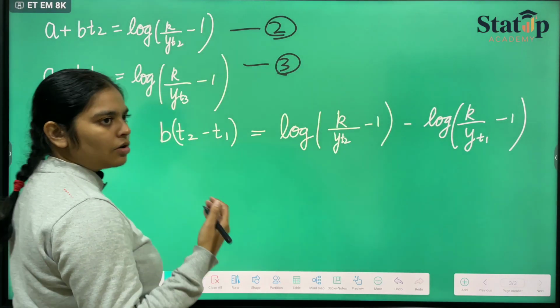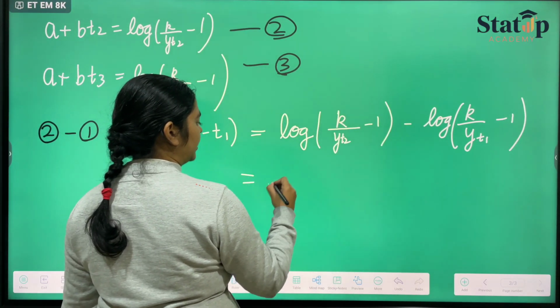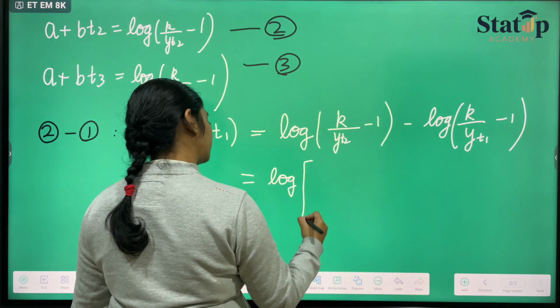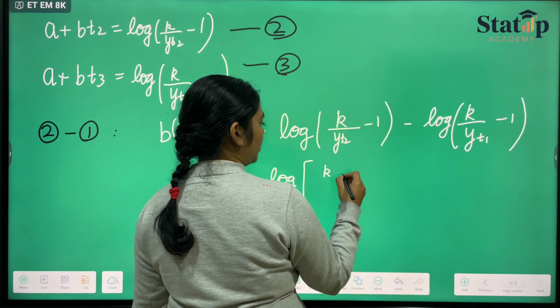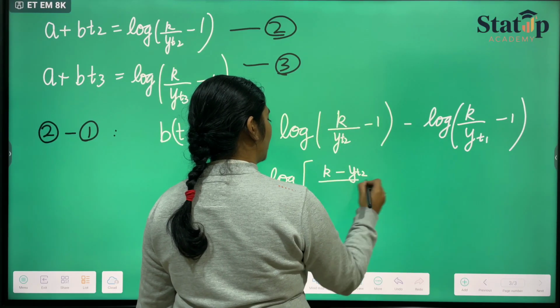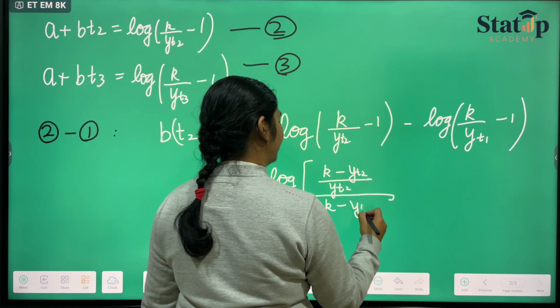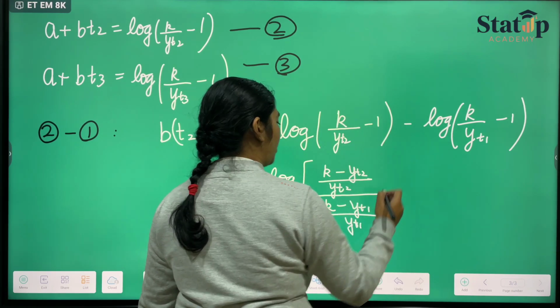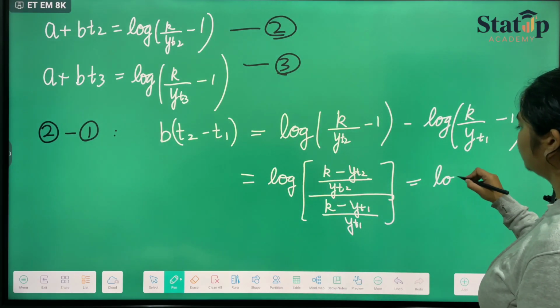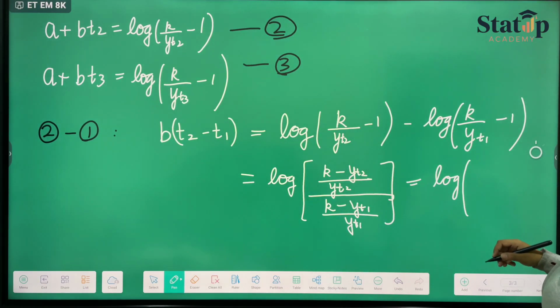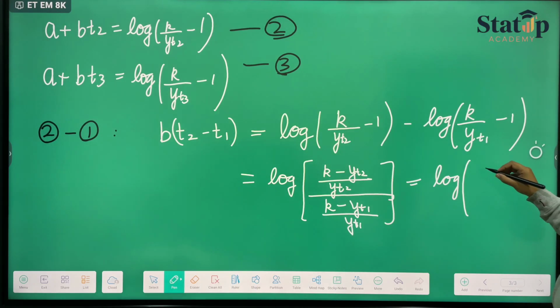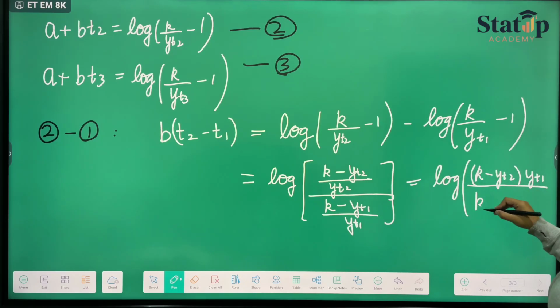So log of a minus log of b would be log of a upon b. It can be written as log of k minus yt2 upon yt2 into yt1 upon k minus yt1, or we can write it as log of k minus yt2 into yt1 upon k minus yt1 into yt2.